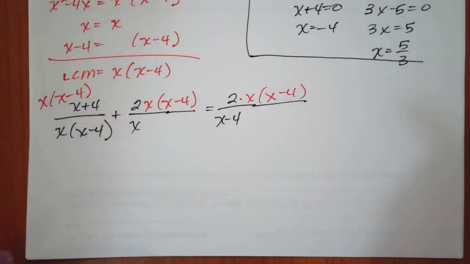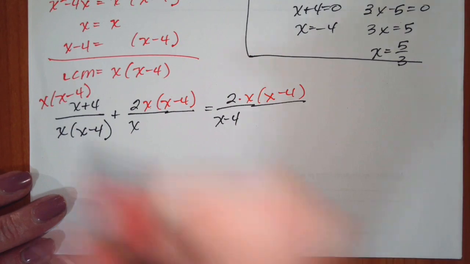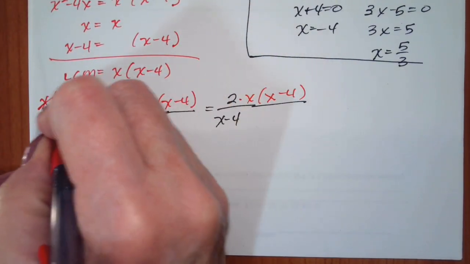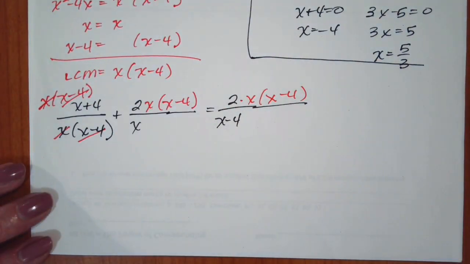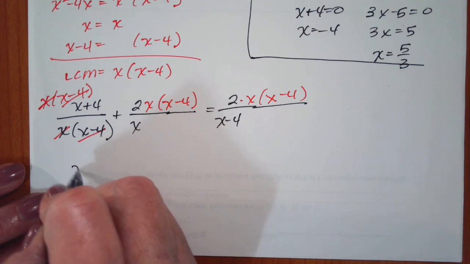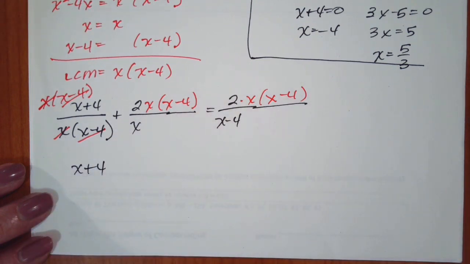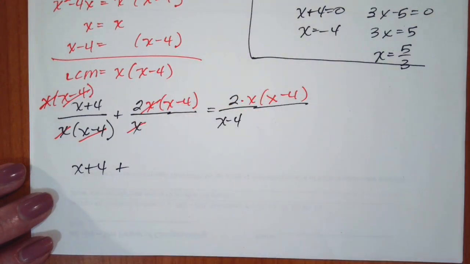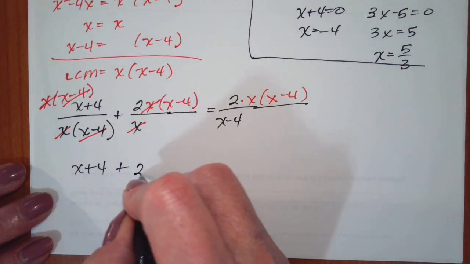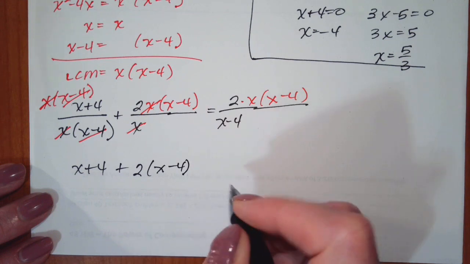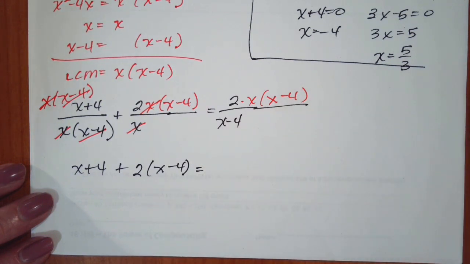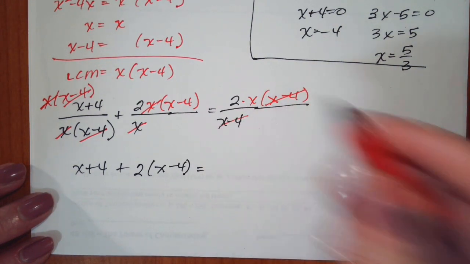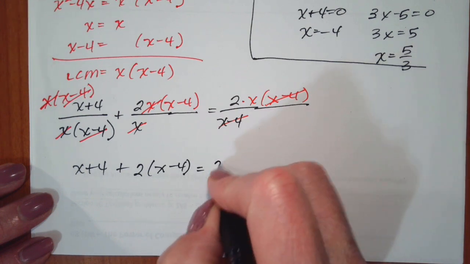Okay. So when I do this, this cancels and this cancels, so I'm left with x plus 4 plus, and here the x's cancel, so I have 2 times x minus 4 is equal to, and the factor of x minus 4 cancels, so this equals 2x.